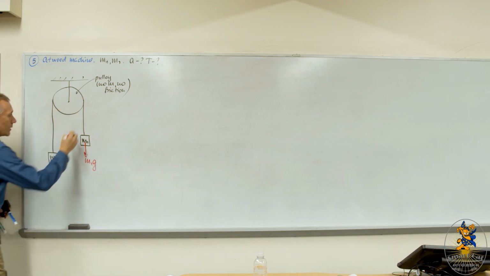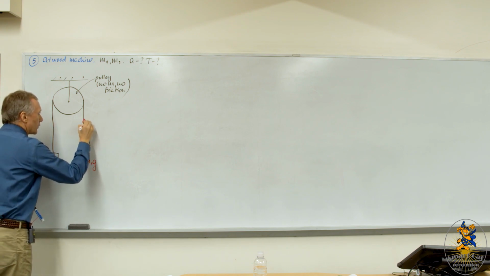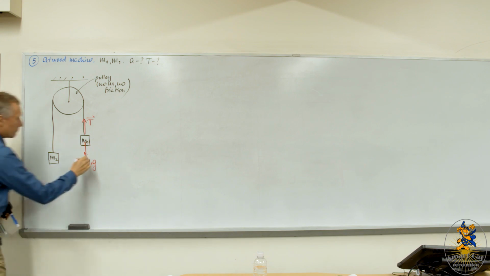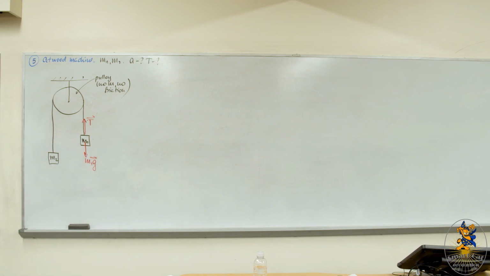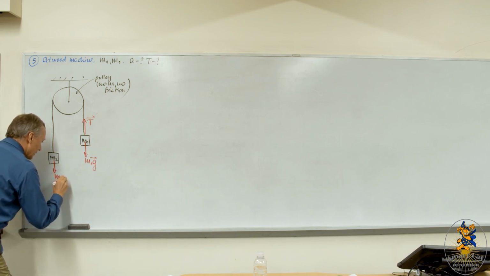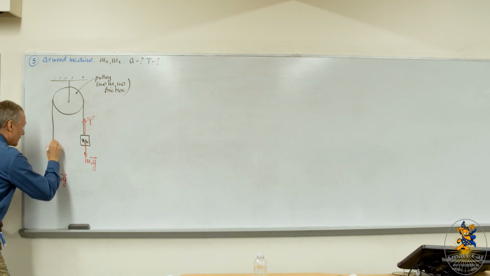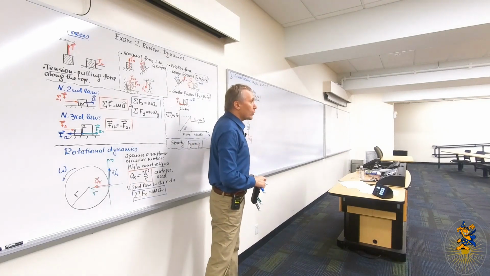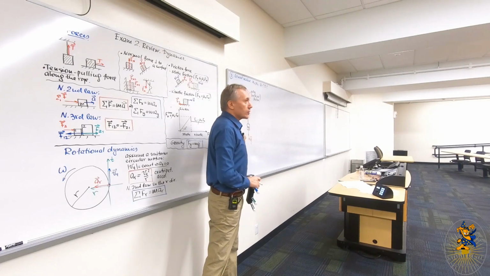M1G, then tension force up, right? Acting on the object along the chord away from the object. This is M2G, and since the chord is massless, it doesn't matter which point on the chord you take, tension is going to be the same.